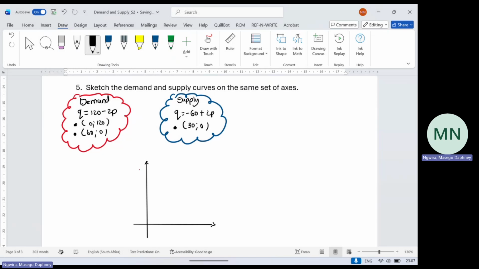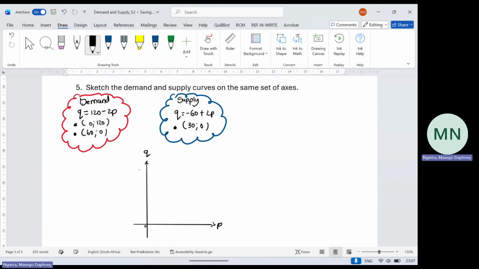Okay. So when we start with the demand function, the quantity is dependent. So Q is on this side, quantity is dependent, and then price is independent. Okay, we know this is 0. And then our intercept for the demand function is 120.